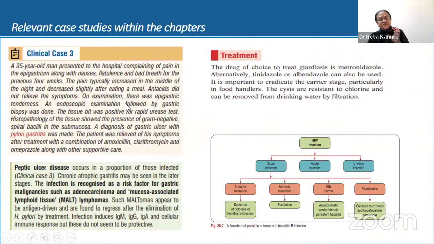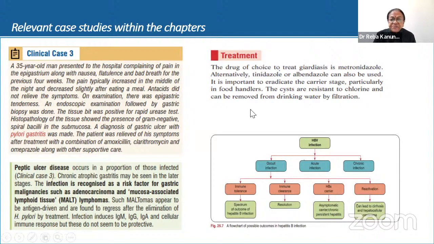Each chapter has a specific case, like diphtheria has a clinical case on diphtheria, or meningitis, etc. These cases are incorporated within the chapter to make it easy for the student to correlate. And also we have little boxes of any important outcome of these clinical infections.